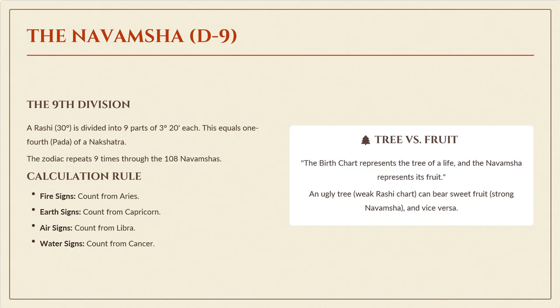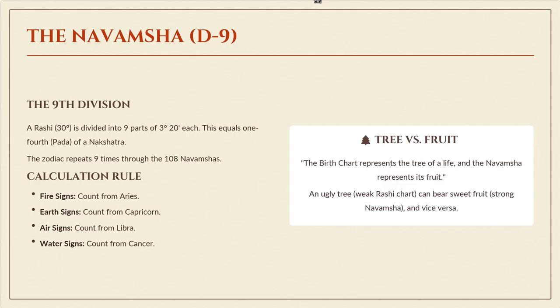If you divide the rashis into 60 or 120 parts, then you need very accurate timing. So those divisions are not practically used mostly, but D9 is one of the most used charts.